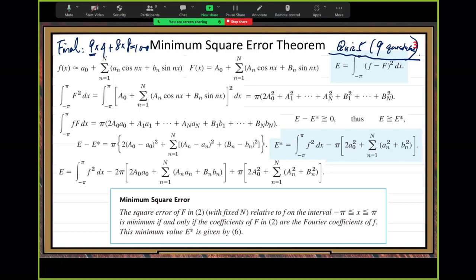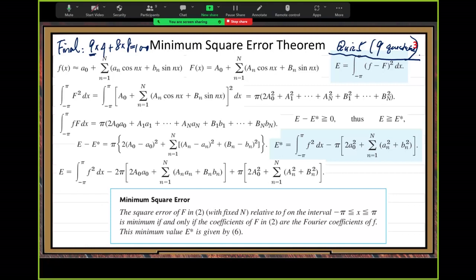Conclusion theorem: the square error of f, with fixed n. This n must be fixed, but we can make it very large. The square error of capital F relative to little f on the interval from negative pi to pi is minimum if and only if the coefficients of capital F are the Fourier coefficients of f.